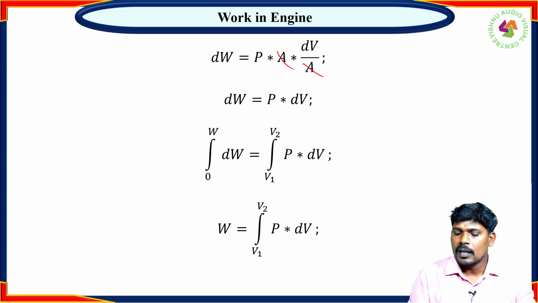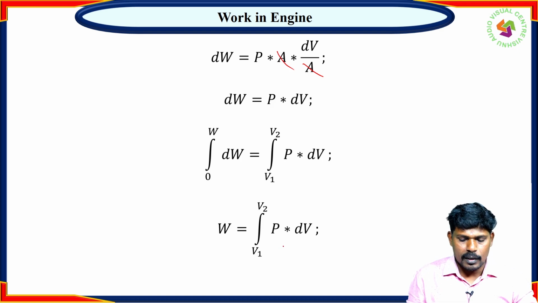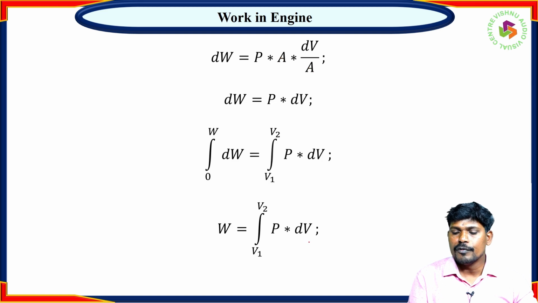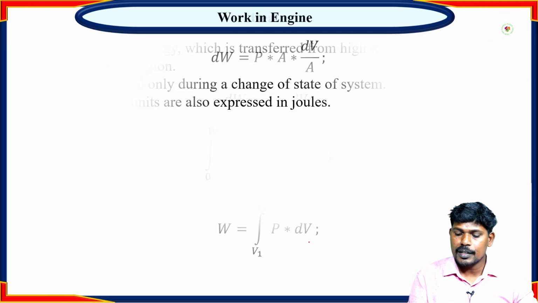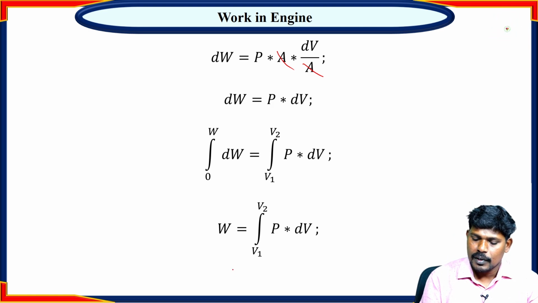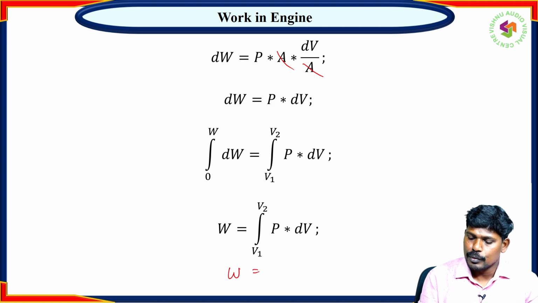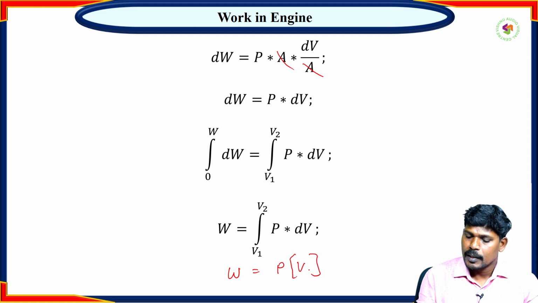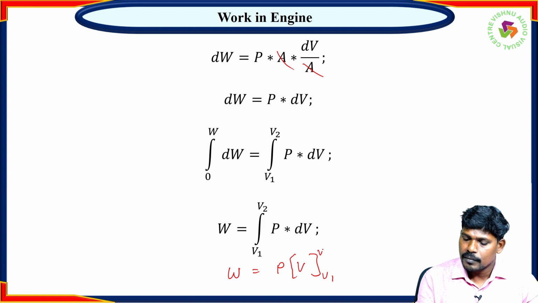Next, when you integrate P dV, the integration of dV is equal to V. Now from here, W is equal to P times V. Apply the limits V1, V2.